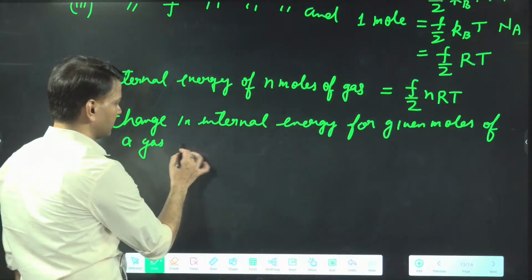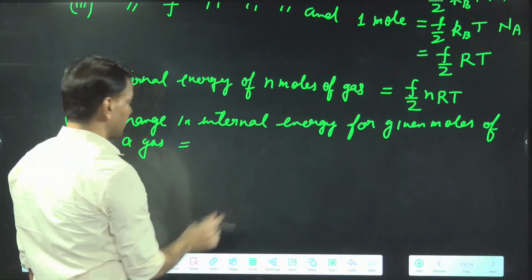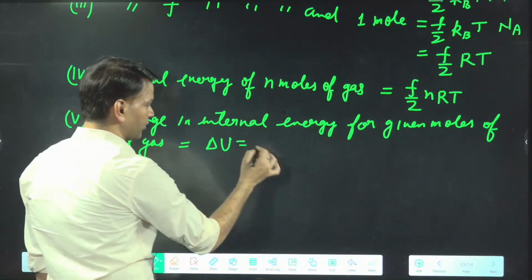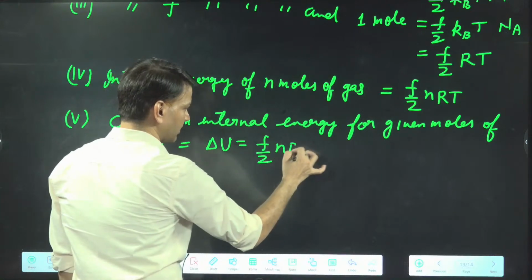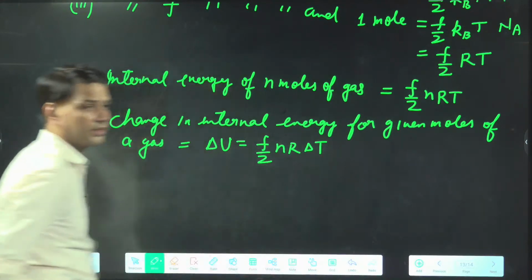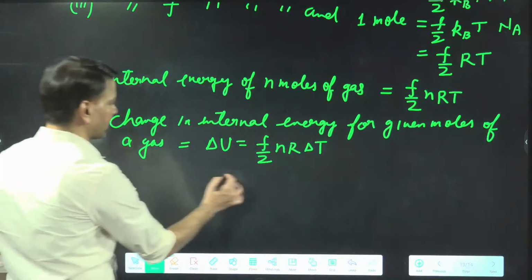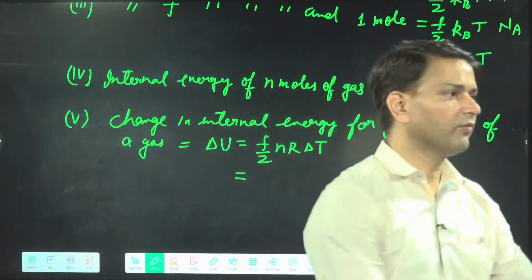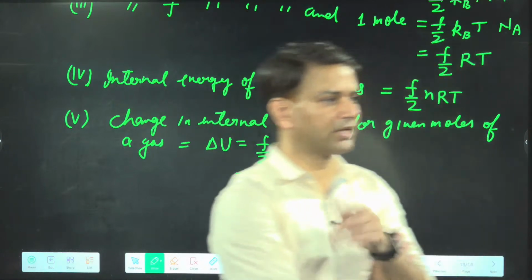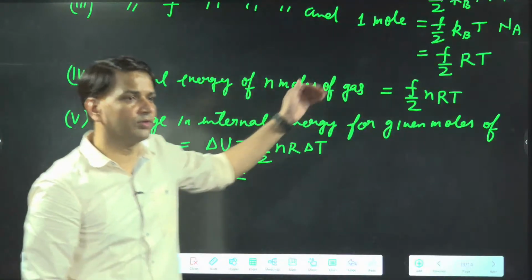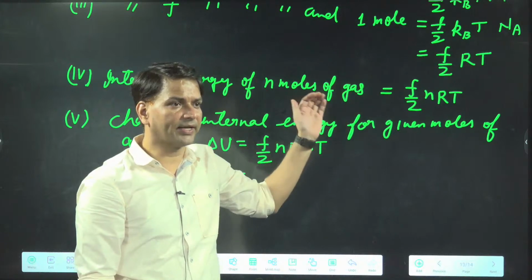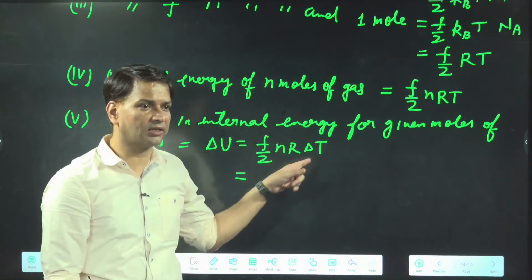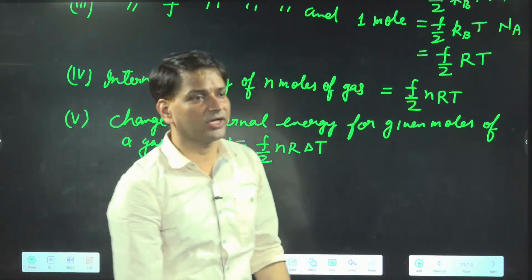Then I can say delta U will be equal to f by 2 nR delta T. I am asking the change in internal energy for given mole of a gas, meaning temperature is different. So you will say f by 2 nRT2 minus f by 2 nRT1. So what is T2 minus T1 you will get? f by 2 nR delta T. And nR delta T, what can I write?